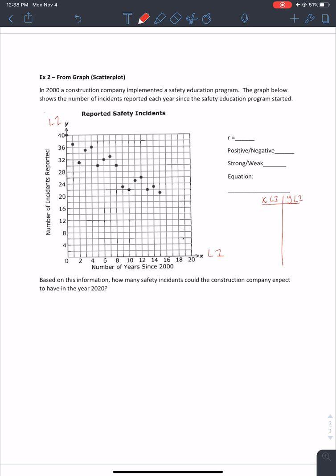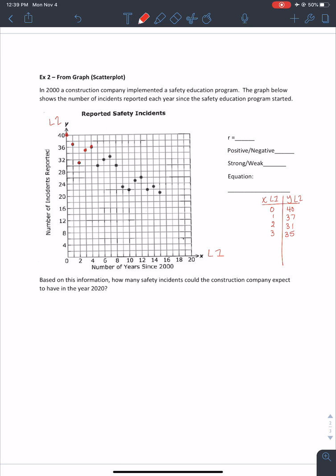So this point here has an X value of 0, a Y value of 40. This point has an X of 1, and the Y value is about 37. This point has an X of 2 and a Y of 31. This point has an X of 3 and a Y of 35.